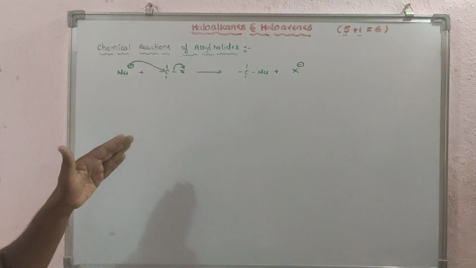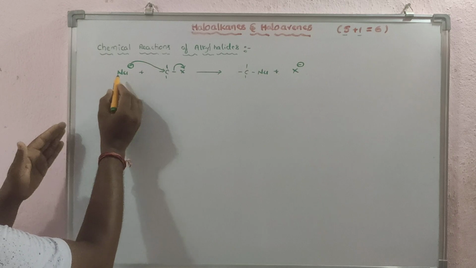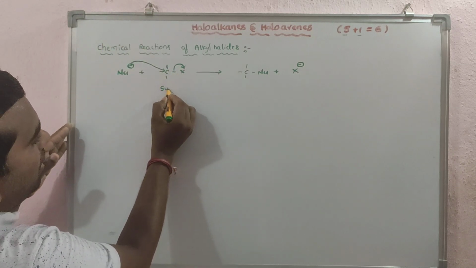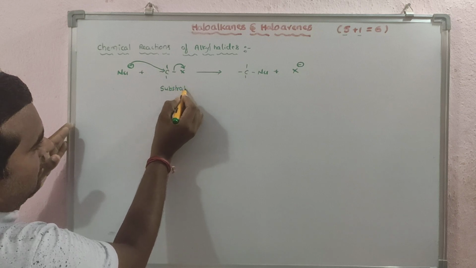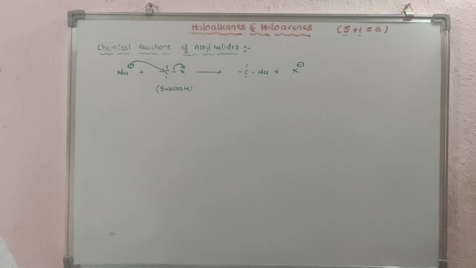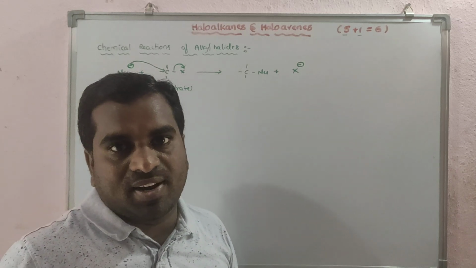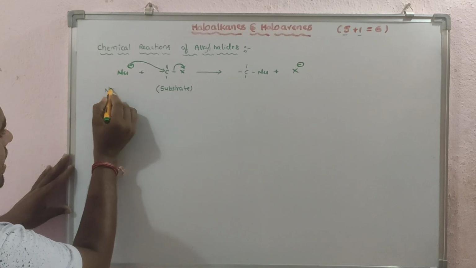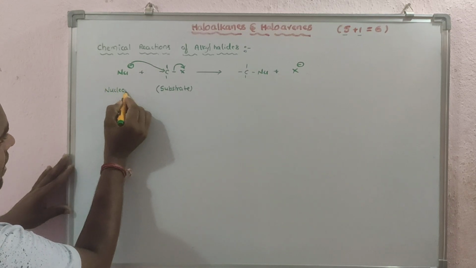Clear? So in this case, the compound on which the nucleophile attacks, we will call a substrate. The nucleophile attacks on which compound? Alkyl halide. So that alkyl halide we will consider as the substrate. Clear? And Nu minus means it is a nucleophile.